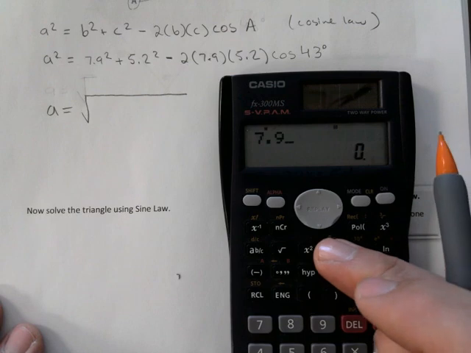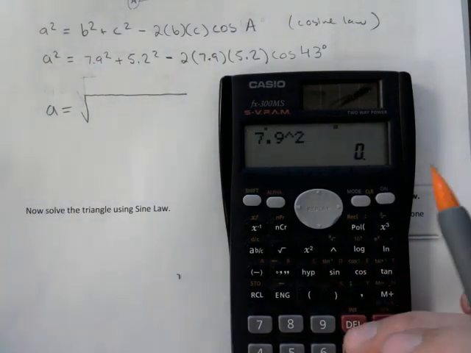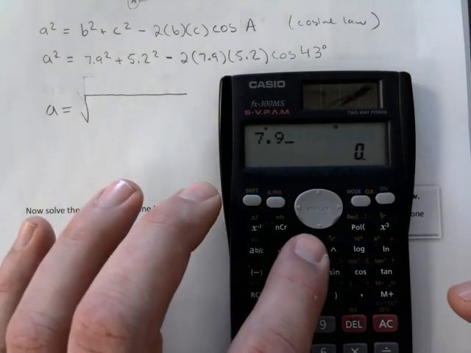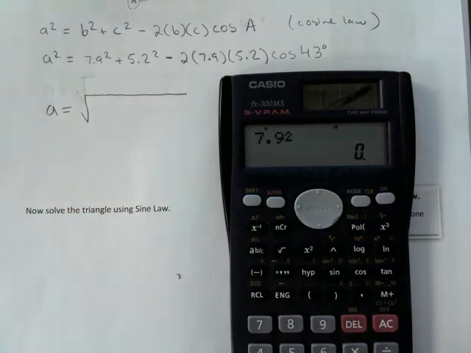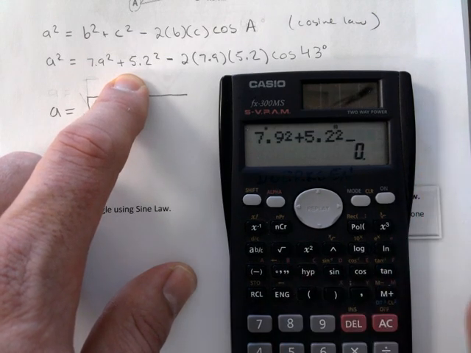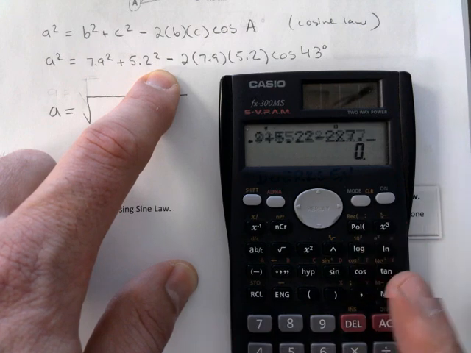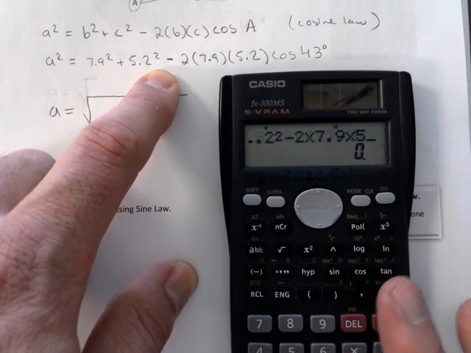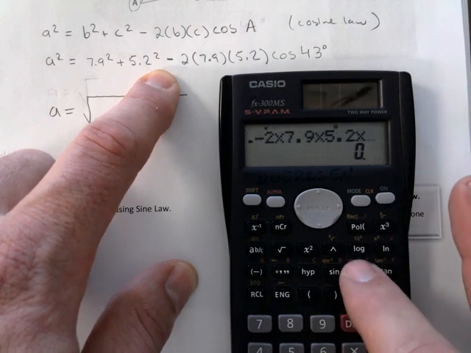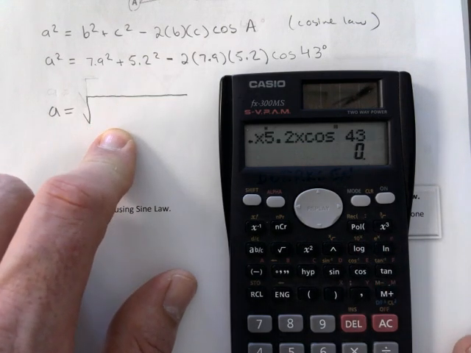If you need to press that one to square something, that's how you do it. I will use my x squared button. So 7.9 squared plus 5.2 squared, please try this, minus 2 times 7.9 times 5.2 times cosine of 43 degrees. And then I hit equals.